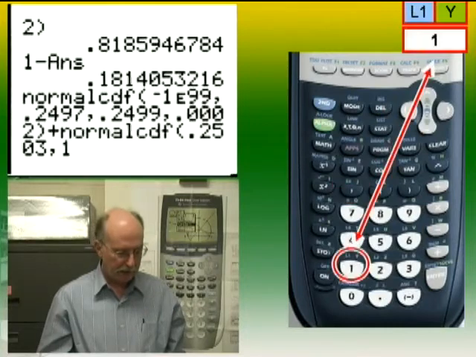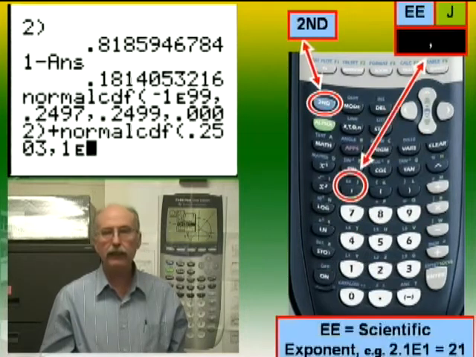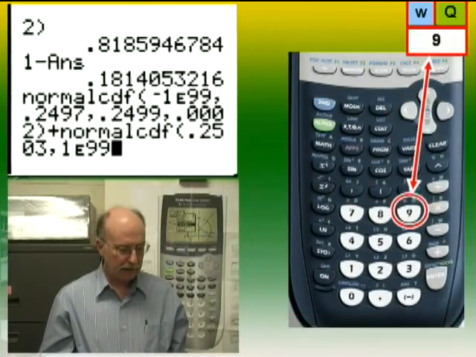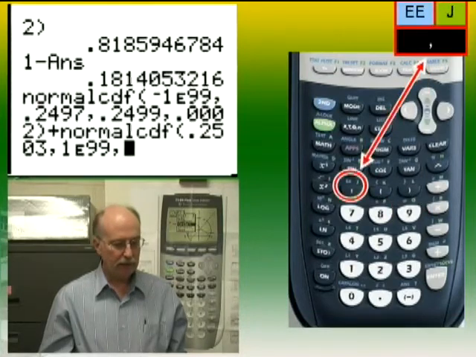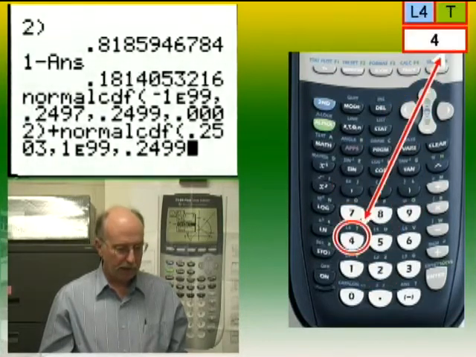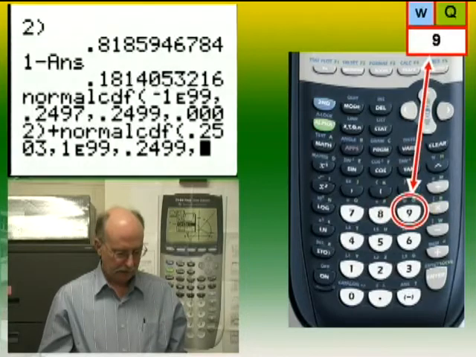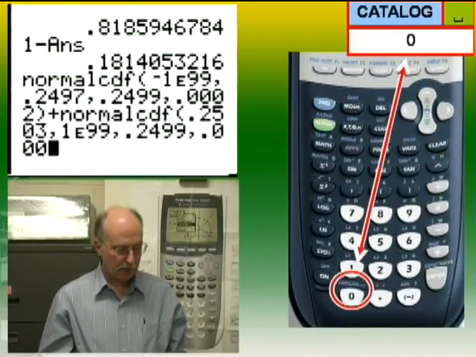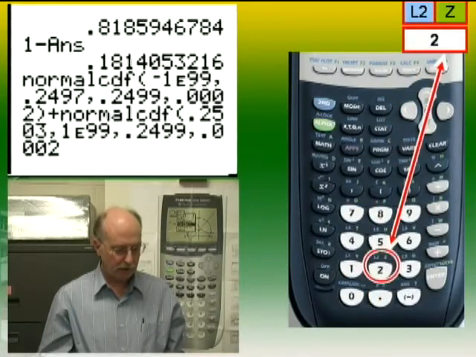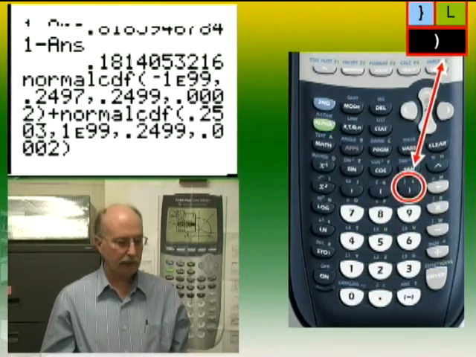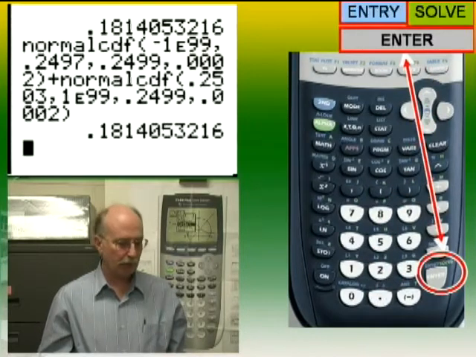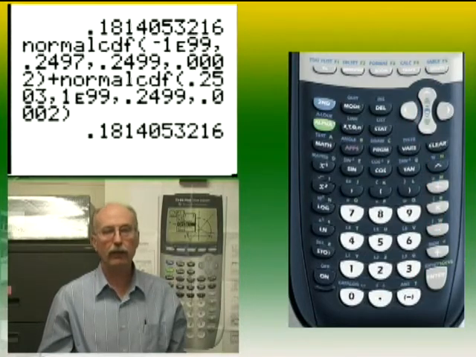We put that in as 1, second, double E for the E key, 99, comma, 0.2499 for our mean, comma, 0.0002 for our standard deviation, closing parenthesis, and hit enter, and you can see we jump directly to the 0.1814 that we calculated the other way. So there's how we can use our calculator to come to exactly the percentages that we need.